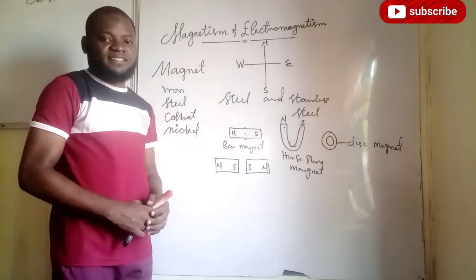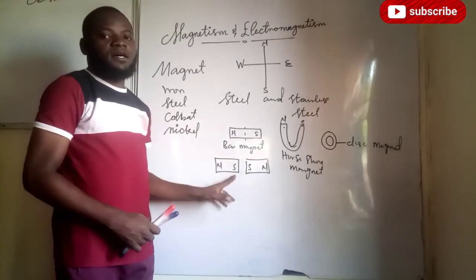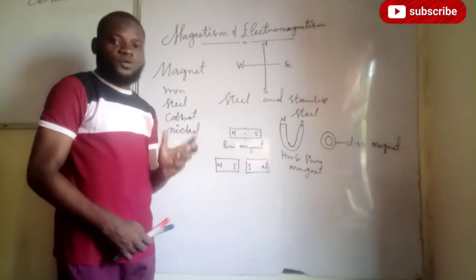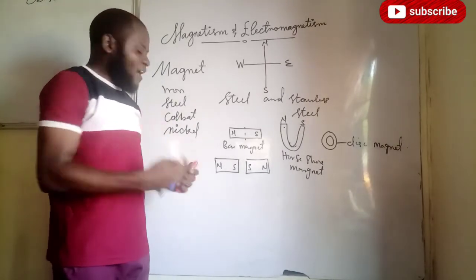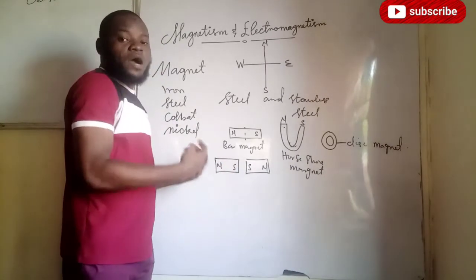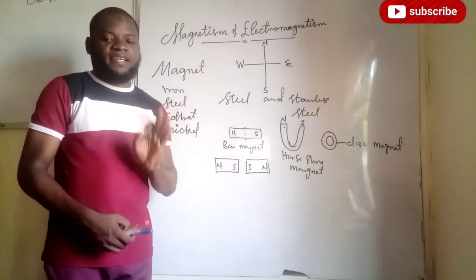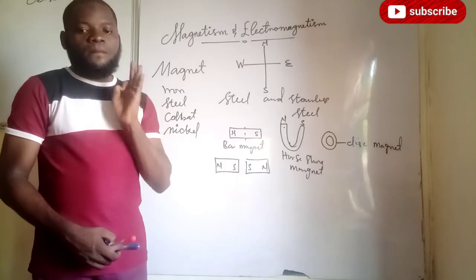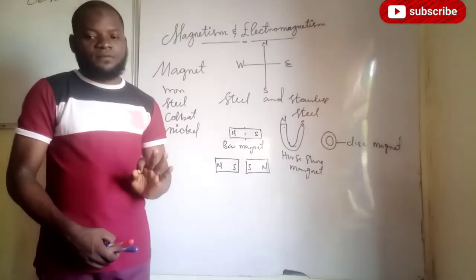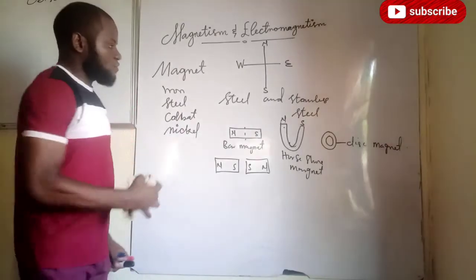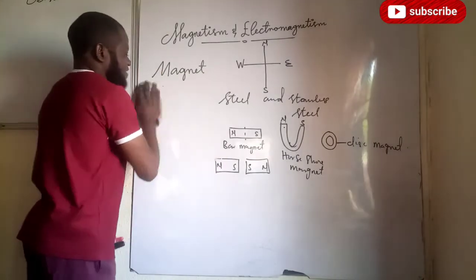So this is north and this is south. This is south and this is going to be north. If I break this further, I will still have two poles. This is to tell you that a magnet cannot have a single pole. Do we understand that now? Okay, so let's quickly look into the law of magnetism.